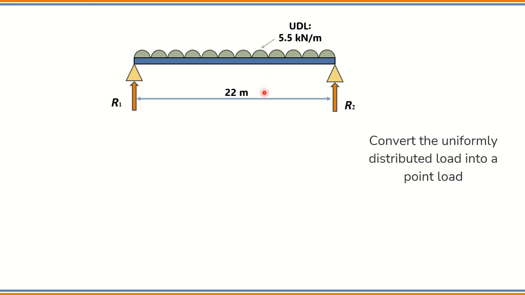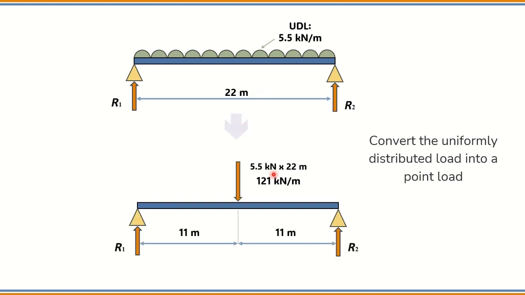To convert it into a point load, we need to multiply 5.5 kilonewtons times 22 meters, which is 121 kilonewtons, applied in the middle of the uniformly distributed load, which in this case is the middle of the beam.